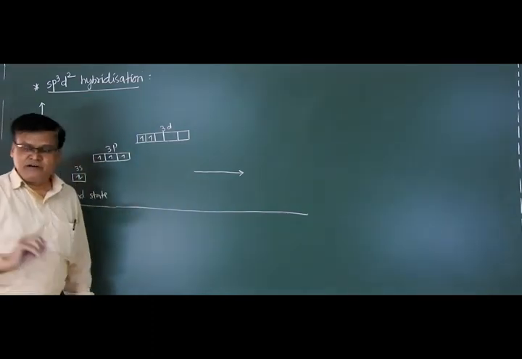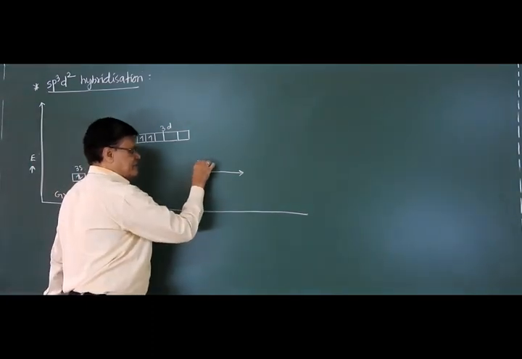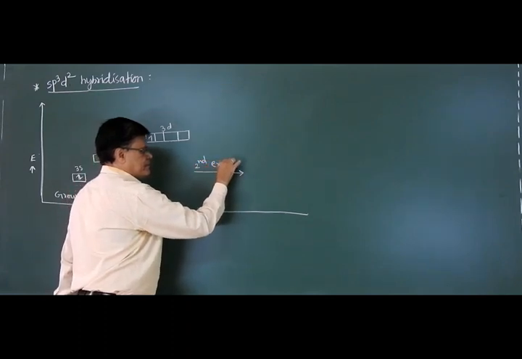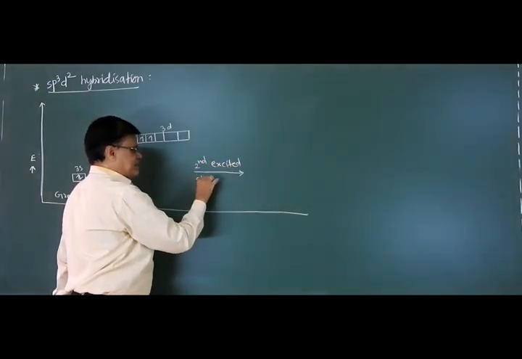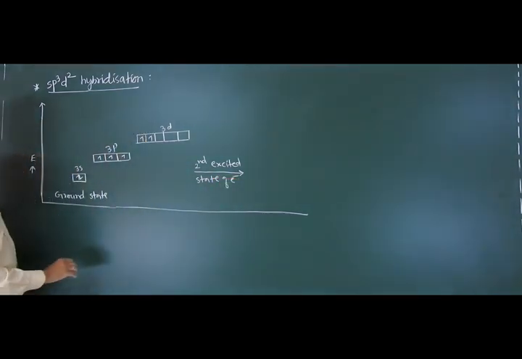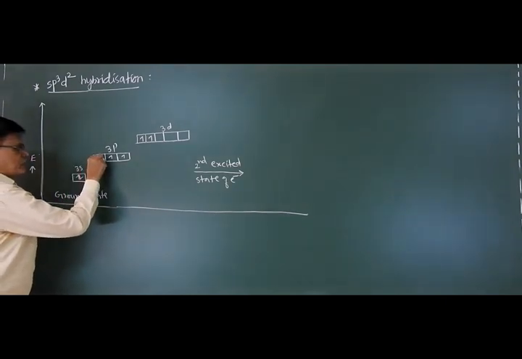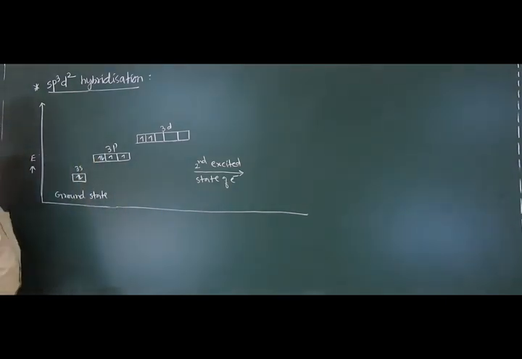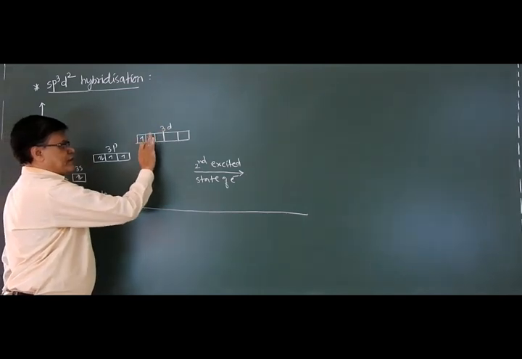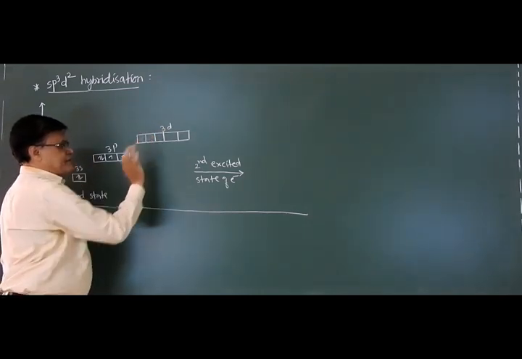Which excited state, first or second? Second excited state. Ground state means 3s2, 3p4, and in the ground state there are no electrons in 3d, 3d 0.